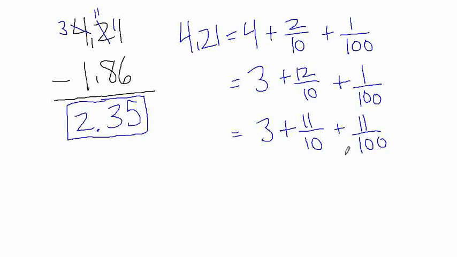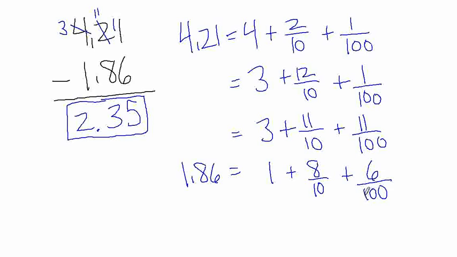Okay, now let's work with that final expression. Let's use that to calculate the answer. First, let me write 1.86 as 1 plus 8/10 plus 6/100th. Okay, so now if I do 11 over 100 minus 6 over 100, I get 5 over 100.